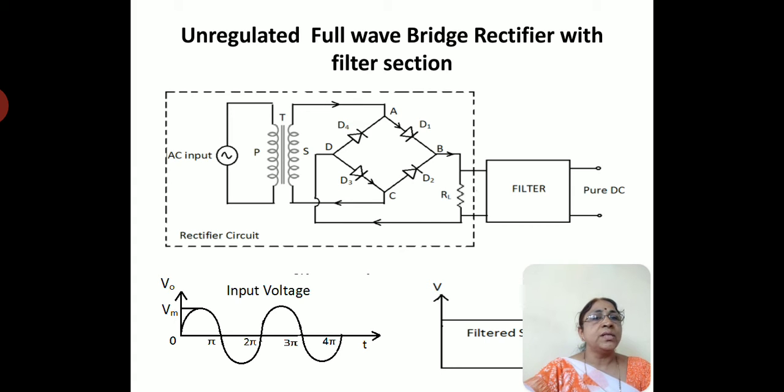For the positive half of the input signal, D1 and D3 become forward biased and D2 and D4 become reverse biased, and for the negative half of the input signal, D2 and D4 become forward biased and D1 and D3 become reverse biased. So we get a full wave pulsating output at the output of the rectifier, and after passing this output to the filter section, we get a filtered output.